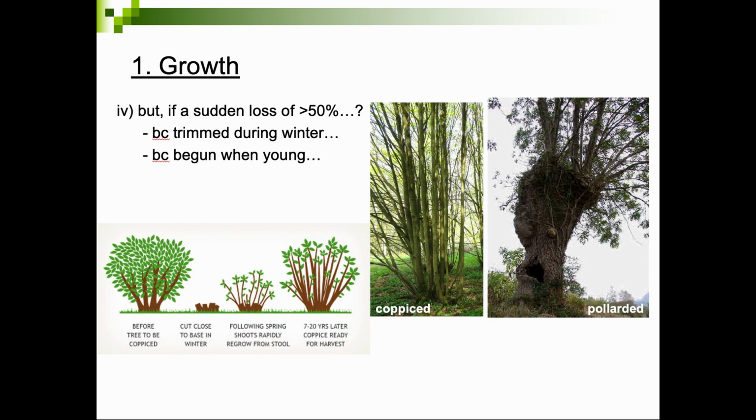So in a previous lecture, we talked about coppicing and pollarding. If you can recall, coppicing and pollarding is a method early humans realized they can use to manipulate the growth of a plant so that it produces long, flexible shoots that can be used for tool making, right?